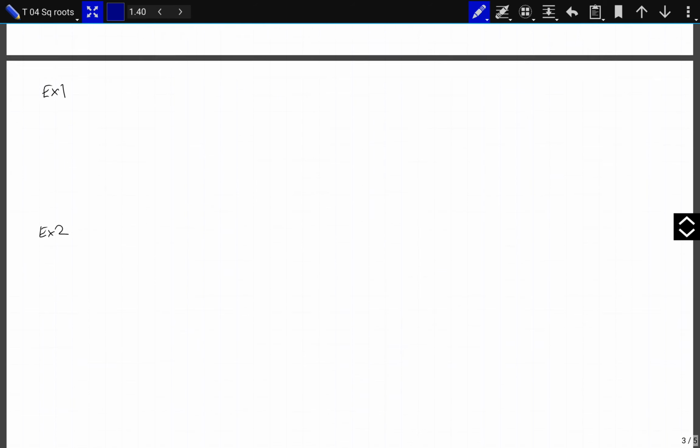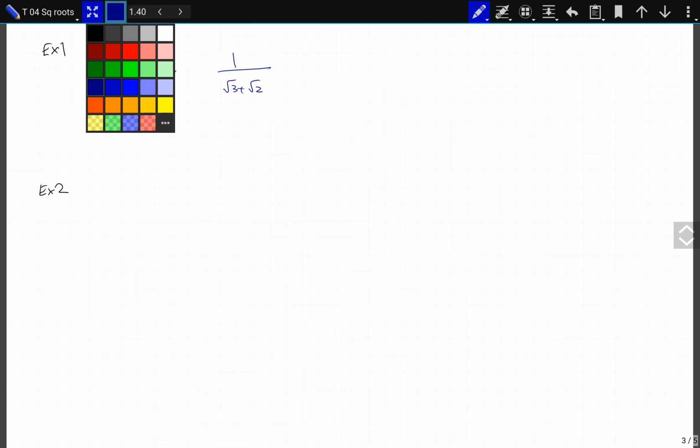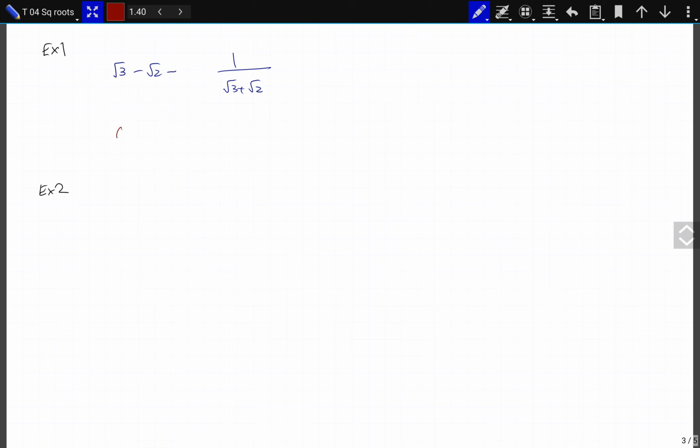So a couple more examples. We're just going to do a bunch of examples today. Root 3 minus root 2 minus 1 over root 3 plus root 2. Here we secretly use something like a minus b times a plus b is equal to a squared minus b squared.